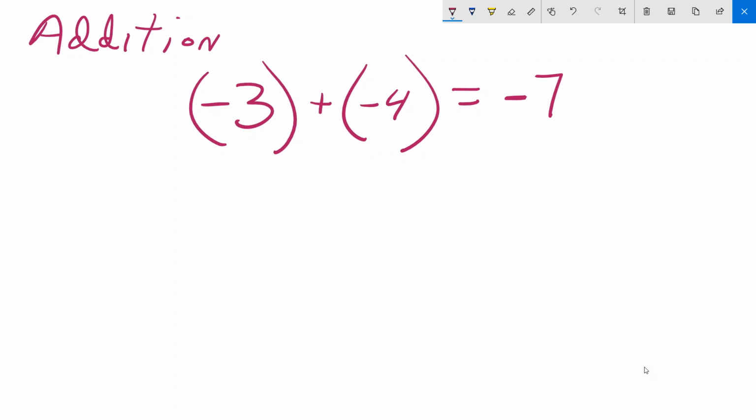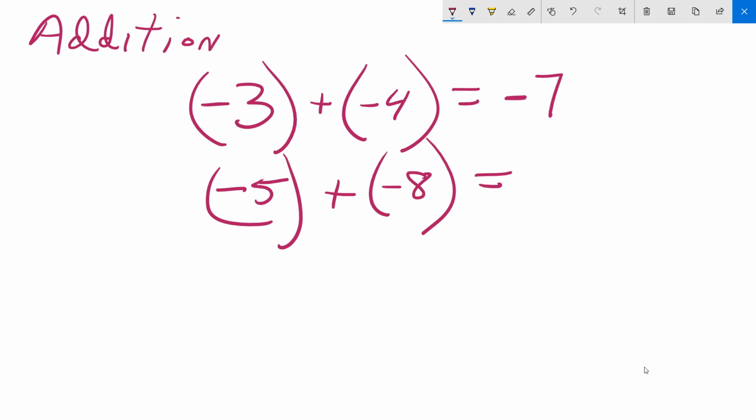When you are adding, do not confuse it with multiplication. When you are multiplying, 2 negative numbers becomes a positive. But when you are adding, 2 negative numbers stay negative. Oh, okay. Negative 13. Okay.